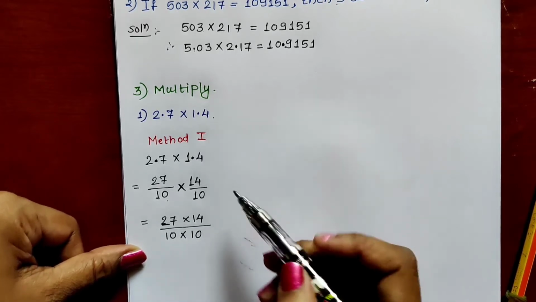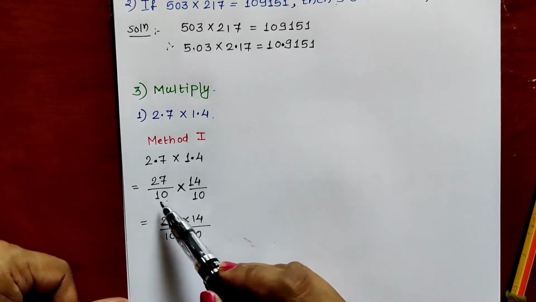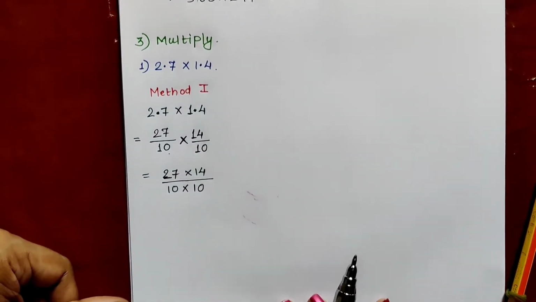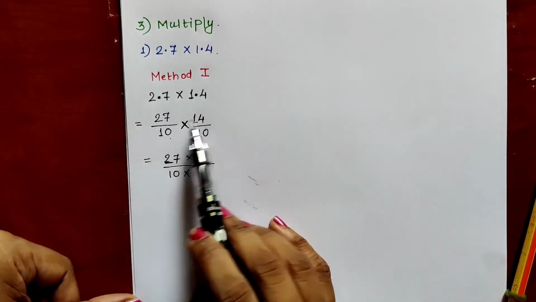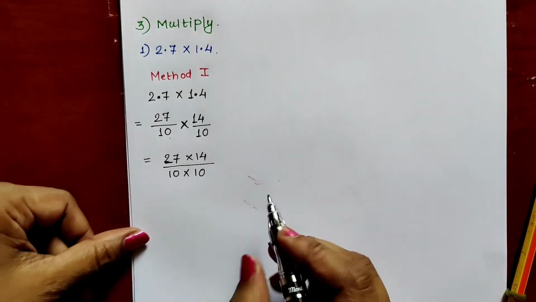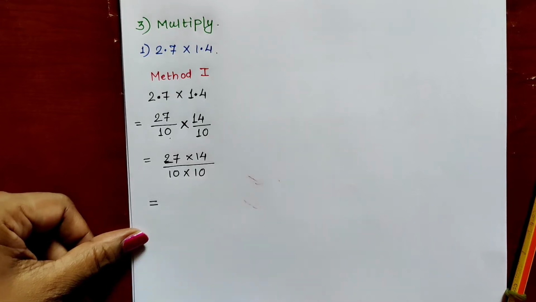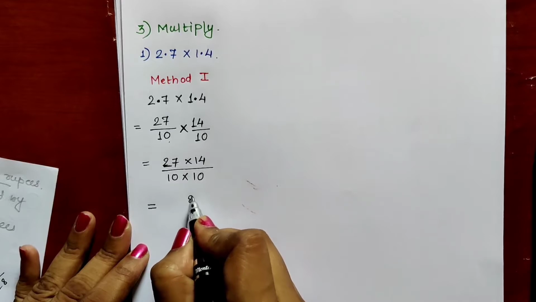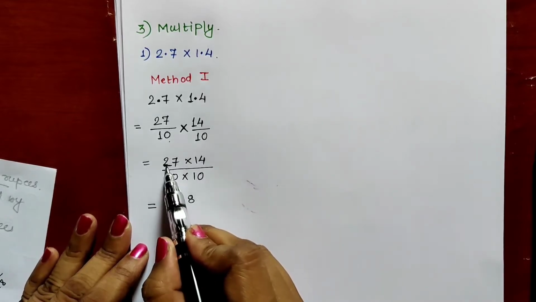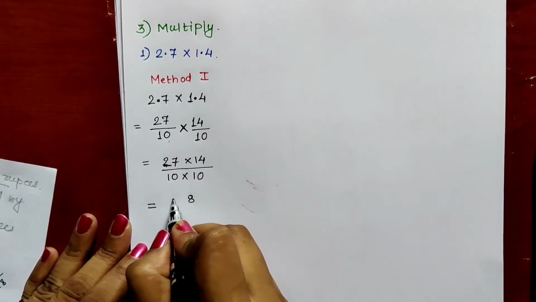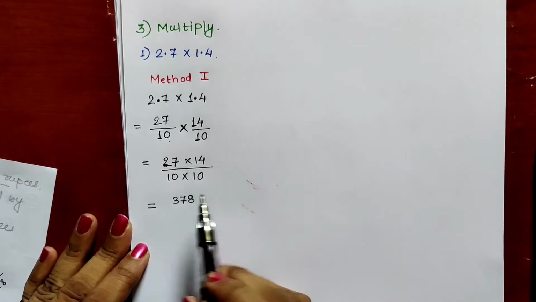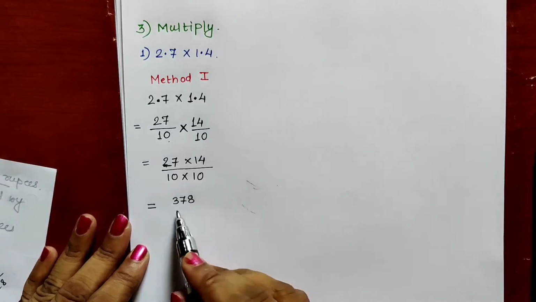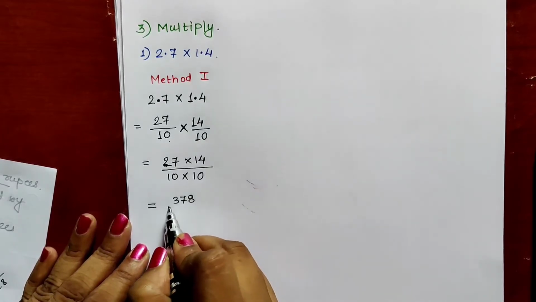In method of multiplication we have to multiply numerator with numerator and denominator with denominator. So let us multiply 27 into 14. 14 sevens are 98, 8 written, 9 carrying, 14 twos are 28, 28 plus 9 is 37, 378. If you want, you can do it in rough. 27 multiplied by 14 and then write the answer 378, and 10 tens are 100, we all know.